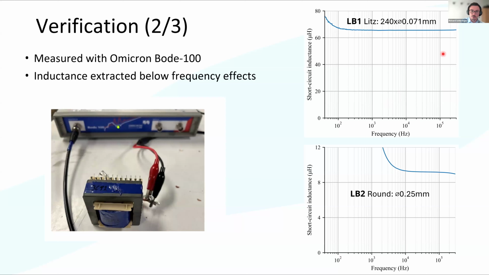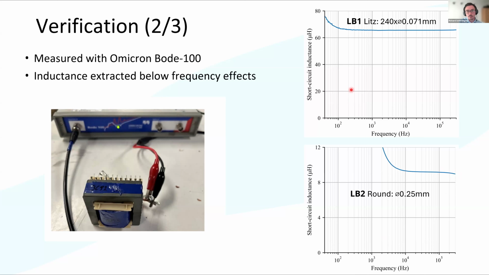So, for example, here you can see this is a very fine Litz wire, and frequency effects are almost not even happening until this frequency, whereas where you have a bigger strand diameter, we see at the end a small drop in leakage inductance, and this is actually due to frequency redistributions.